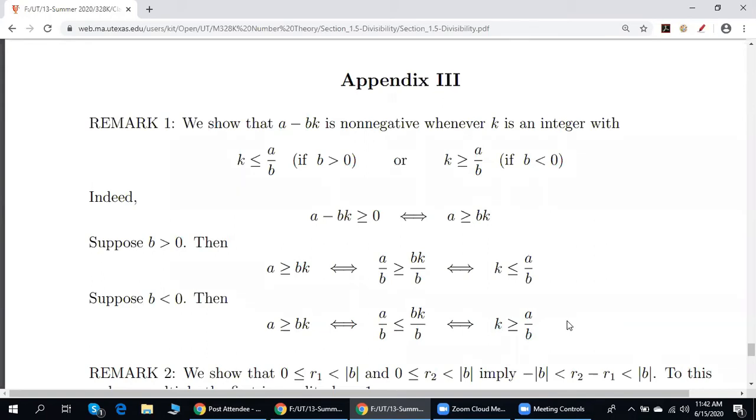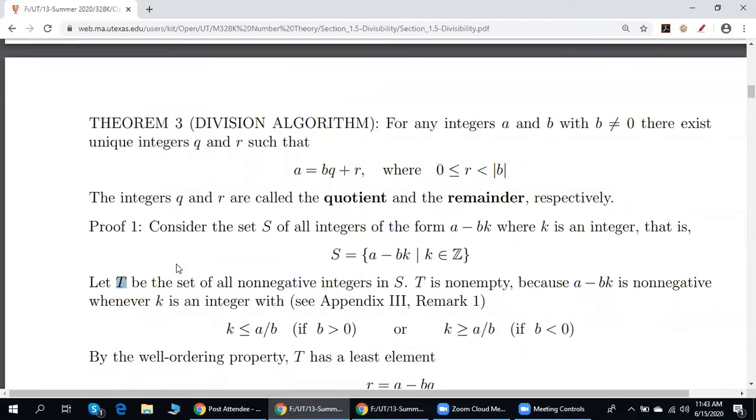So, it's absolutely obvious that no matter what A and B are, it is always possible to find an integer which is lesser or equal to A over B. Similarly, no matter what A and B are, of course, as long as B is not equal to 0, it is always possible to find an integer K which is greater or equal to A over B. But since this implies this and this implies this, it is always possible to find an integer number K such that this is greater or equal to 0, therefore set T is non-empty.